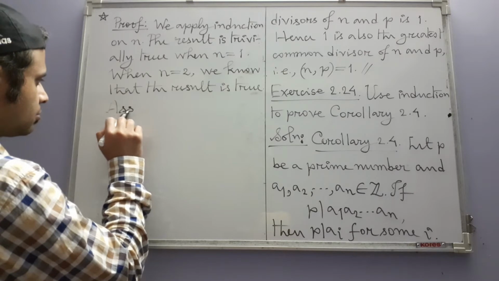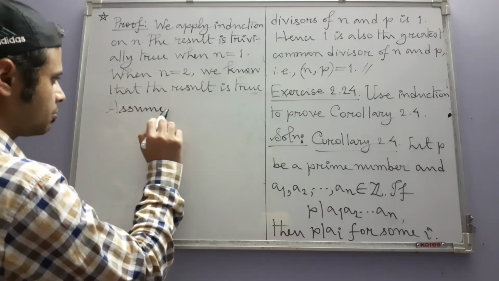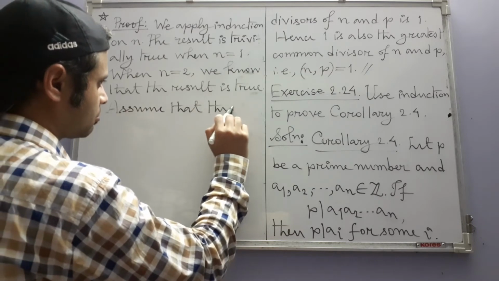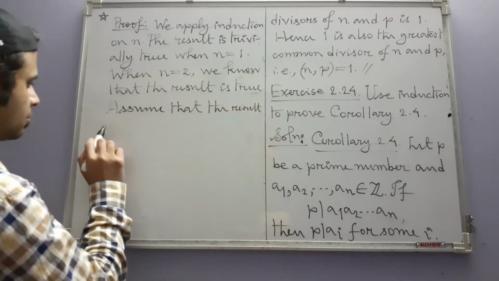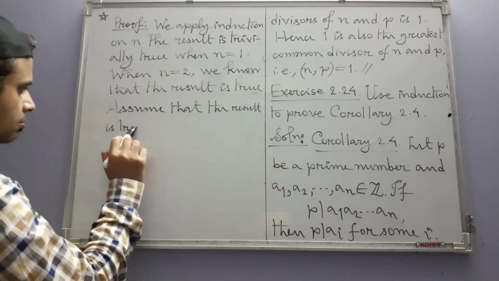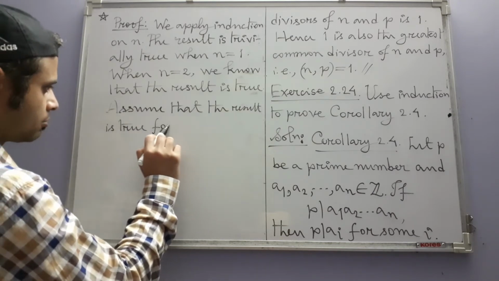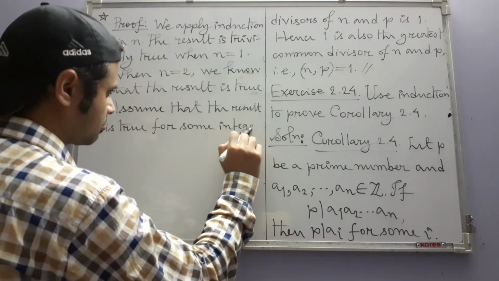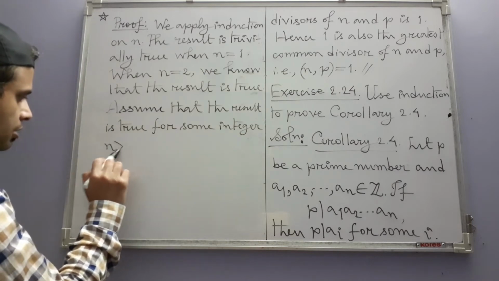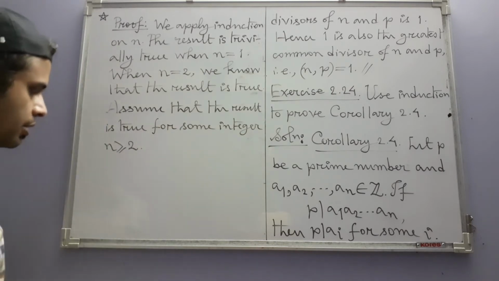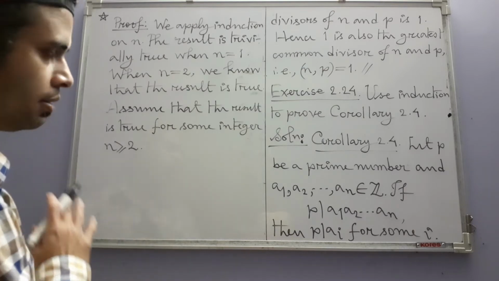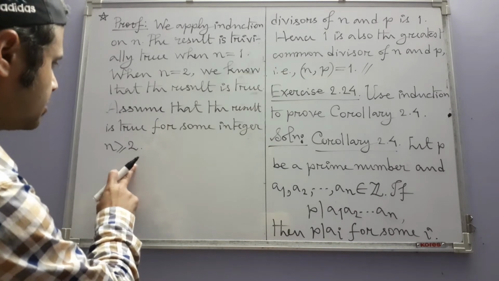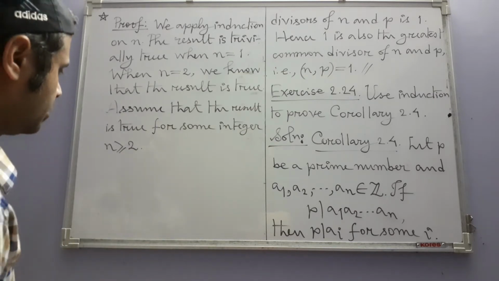Assume that the result is true for some integer n greater than or equal to 2, because we have seen the case 2, so now we will look at a higher stage.